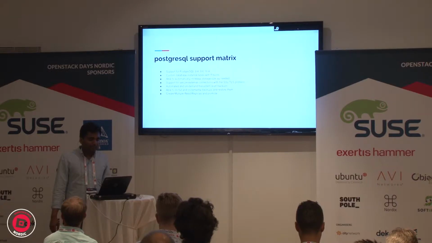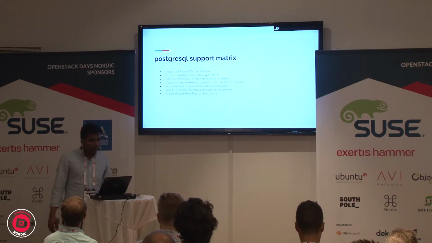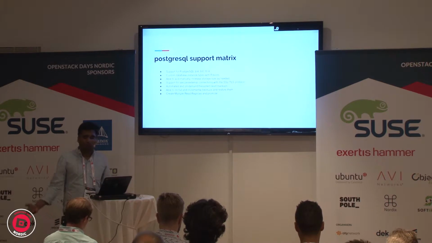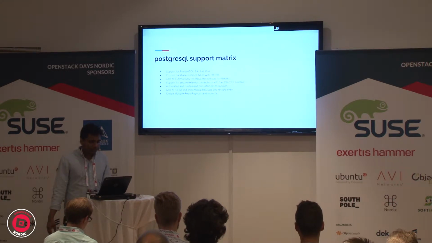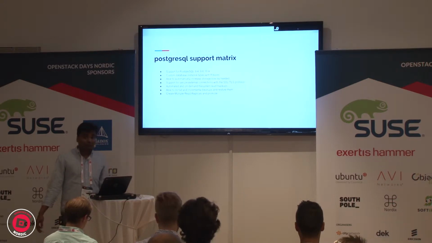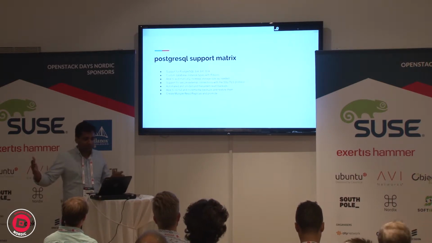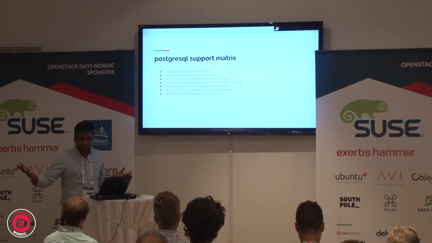We'll hear some more about PostgreSQL and database as a service. You can create custom database instances with flavors, like one CPU or two CPUs, or with custom RAM, and you can automatically increase the storage size as needed. You can also secure the communication between the clients and the database instances through the SSL protocol.